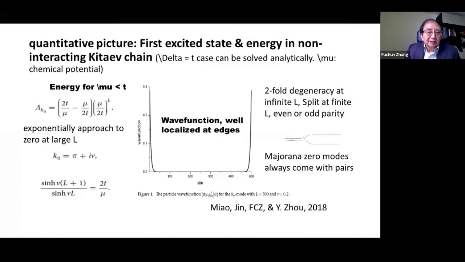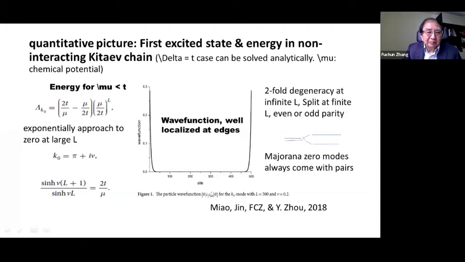If I consider mu as the chemical potential in the Hamiltonian, then you can calculate the first excited state energy. Again, I consider the non-interacting Kitaev chain.